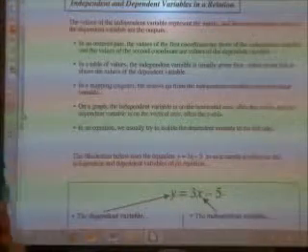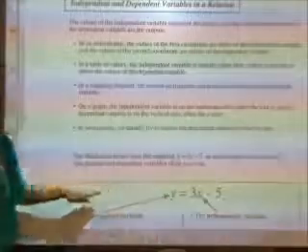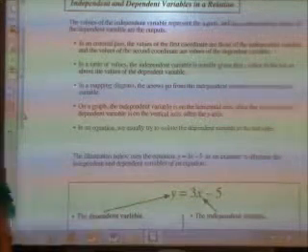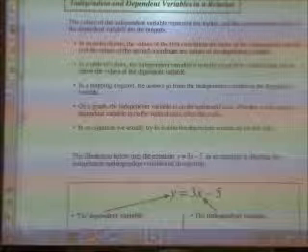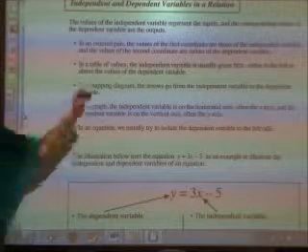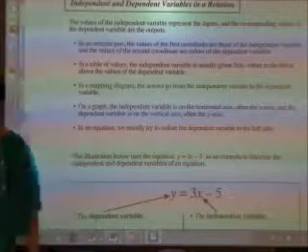In a graph, the input, that independent variable, is along the horizontal axis. And in an equation, it's better to think of the output. In an equation, we isolate the output. We solve for the output because we put in the input.